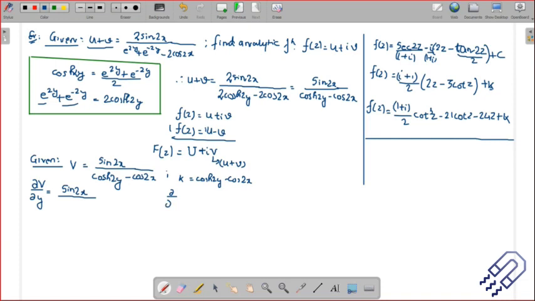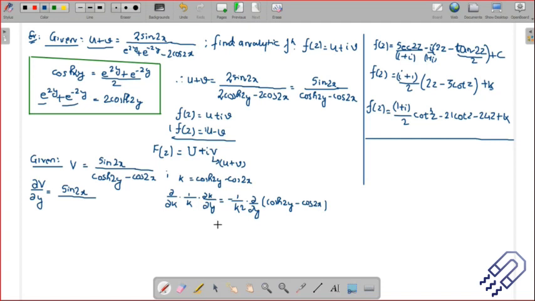So I can take del k of 1 by k, but k was not the original variable, so I'll write it as del k del y. Del k of 1 by k is minus 1 divided by k square, and del y of k, where k is cos hyperbolic 2y minus cos of 2x.